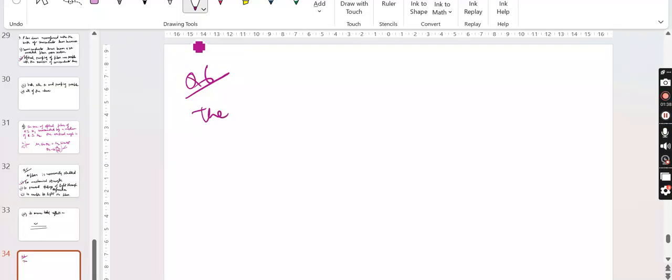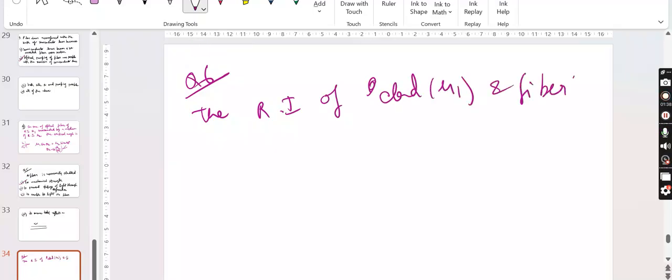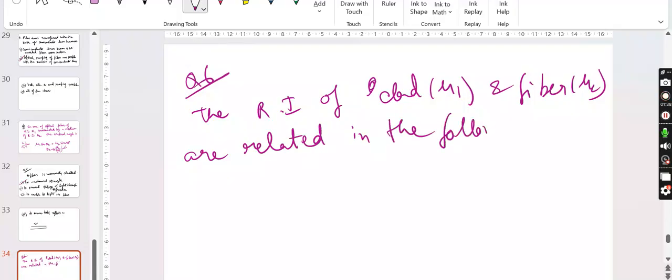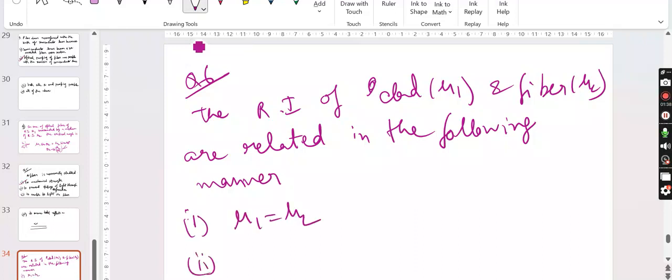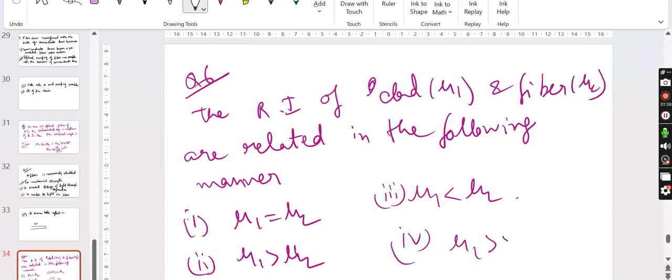The refractive index of clad mu1 and fiber mu2 are related in the following manner. 1, mu1 is equal to mu2, 2, mu1 is greater than mu2, 3, mu1 is less than mu2, 4, mu1 is greater than mu2.